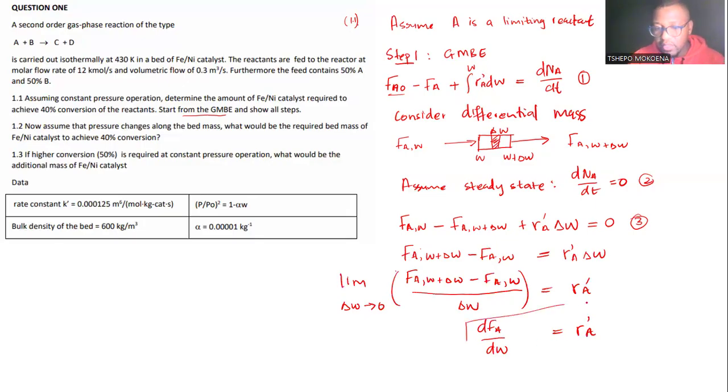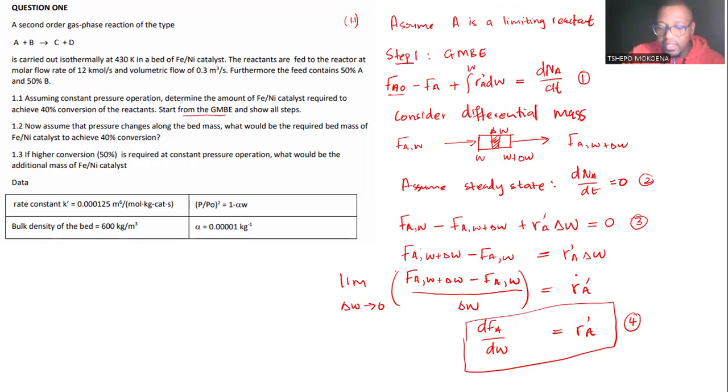And this equation is now called the design equation, just like how we did under the PFR, the CSTR, as well as the batch reactor. So this is the design equation, and I will call my design equation equation number 4. Right? So now after deriving our design equation, this will make step 1.